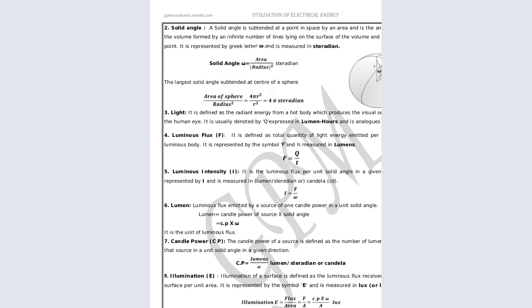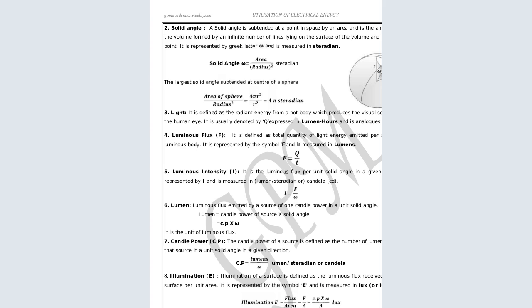Let's proceed. The largest solid angle is subtended at the center of a sphere, where the area is the area of the sphere over the radius squared. The area of the sphere is normally known as 4 pi r squared. These concepts are very important. You better get them clearly, because when we calculate the laws of illumination, we will be remembering what we have learned about the plane angle and the solid angle.